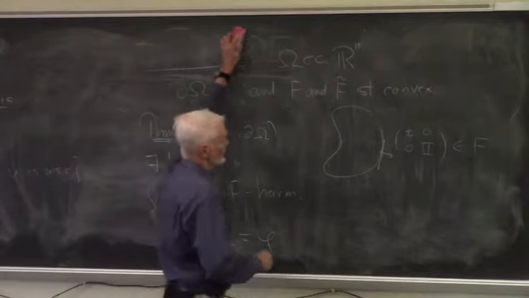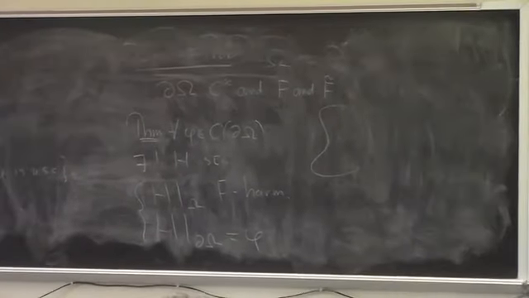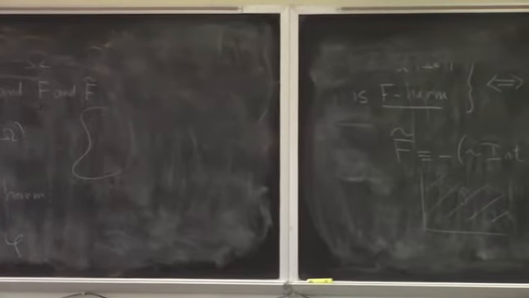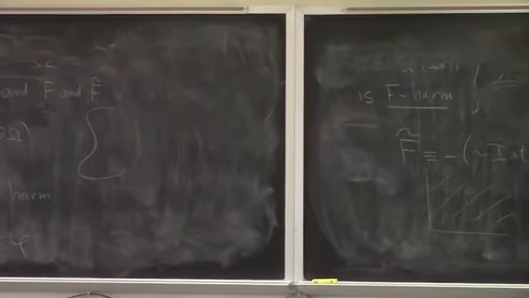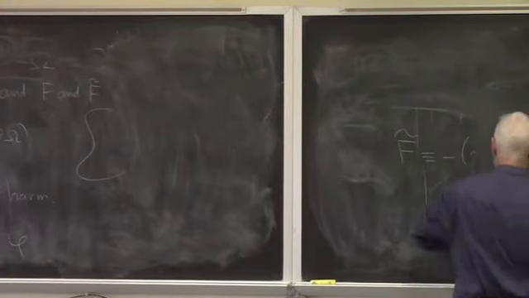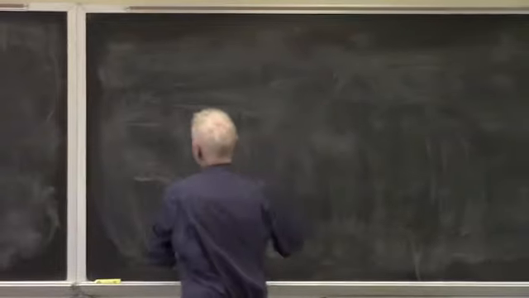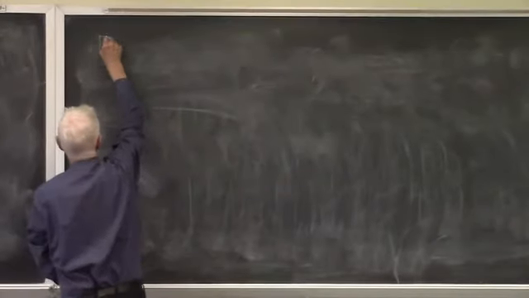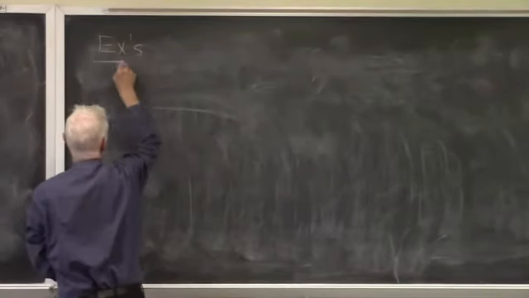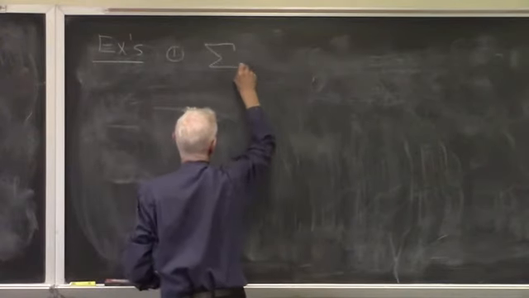Okay, so now I want to write down a few more examples. So let me do that. So here are some. The first one is what's called the Hessian equation.